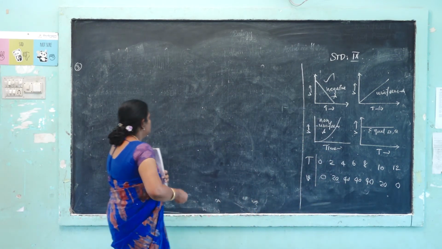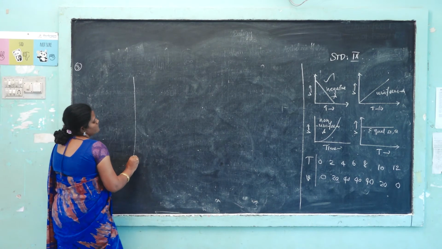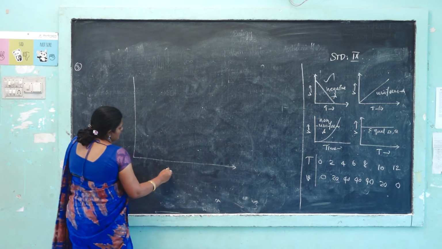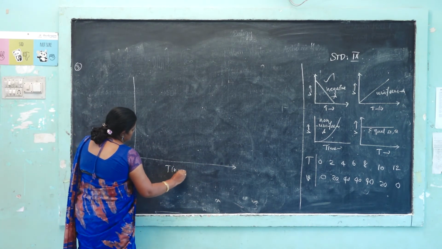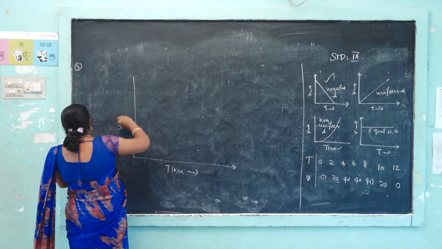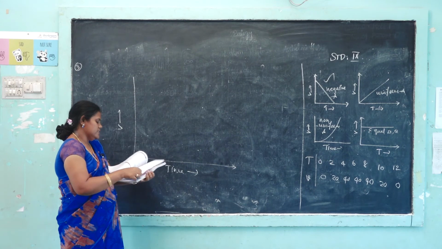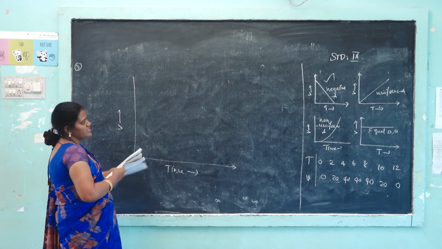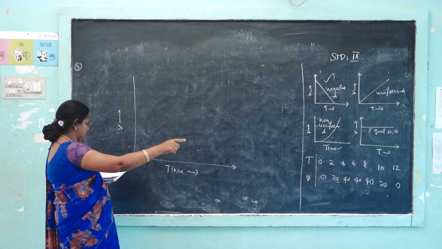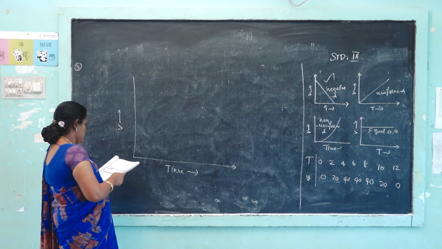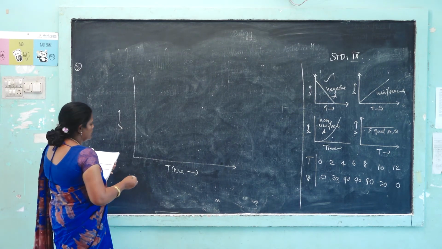So first you take time in the x-axis and velocity in the y-axis. Clear, ma? Okay. So first we want 0, 2, 4, 6, 8, so easily 2, 4, 6.